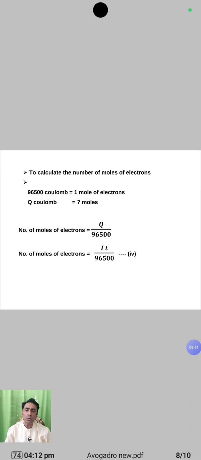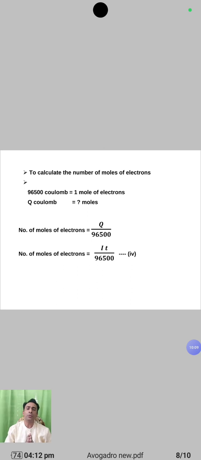So if you have Q coulombs, how many moles will that be? By the rule of three, you can calculate the number of moles of electrons is equal to Q upon 96500. And again, Q can be calculated by the formula IT. So the number of moles of electrons is equal to IT upon 96500.